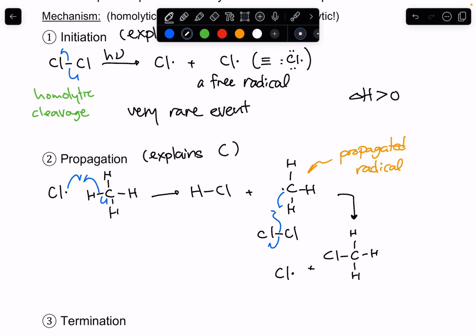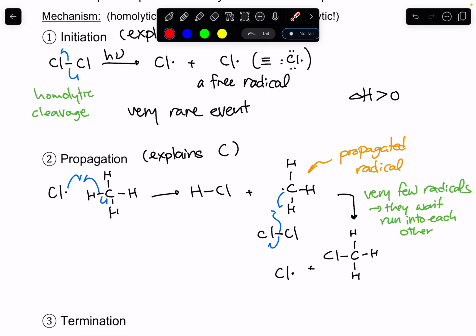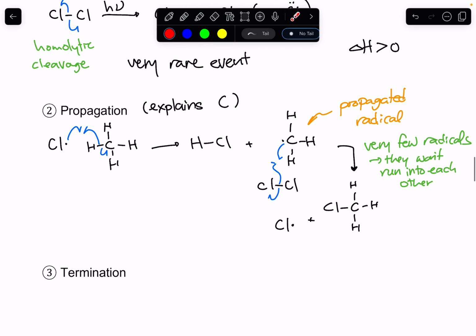Remember that there's very few radicals, so they won't run into each other at the beginning. Most of the molecules in this mixture are intact molecules like chlorine or methane molecule. Okay, so this is now, of course, the product.